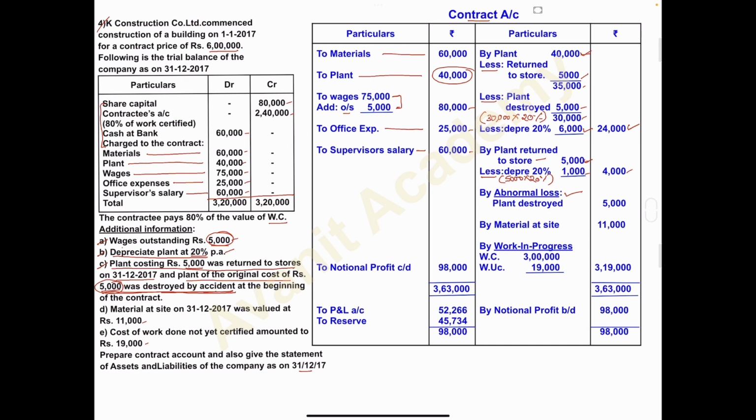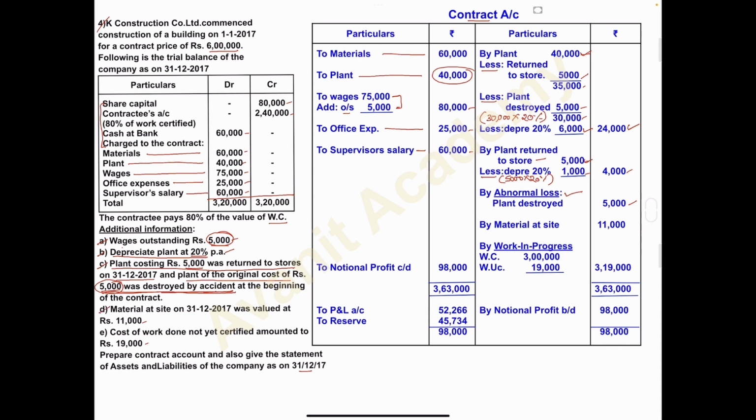Okay, any loss incurred means you have to write on the credit side, and profit gain means you have to write on the debit side. By abnormal loss, in that, right, plant destroyed amount is 5,000. Clear?